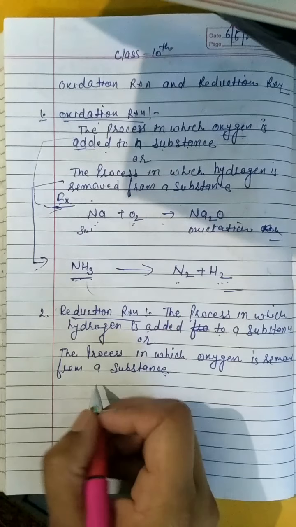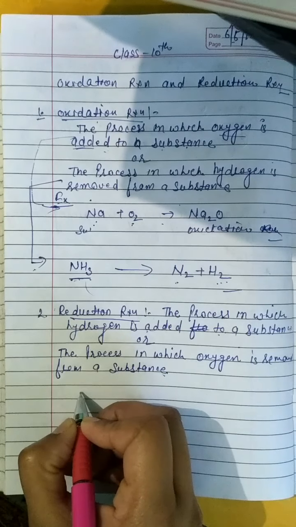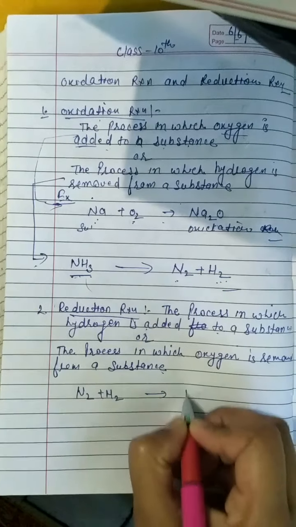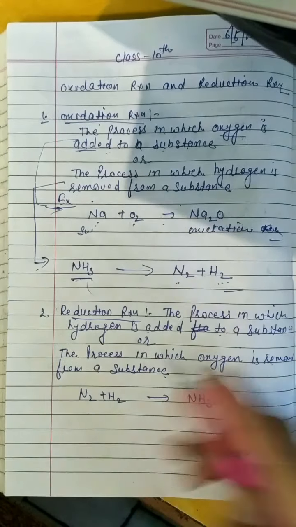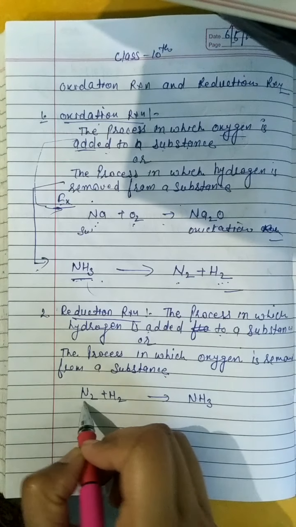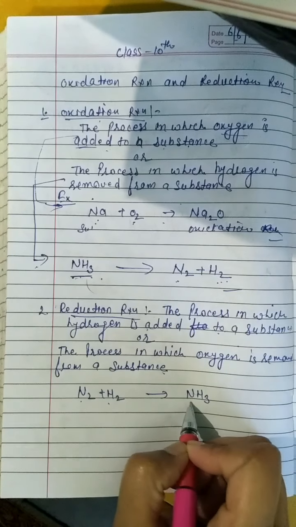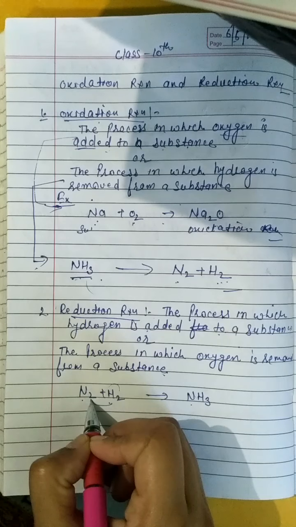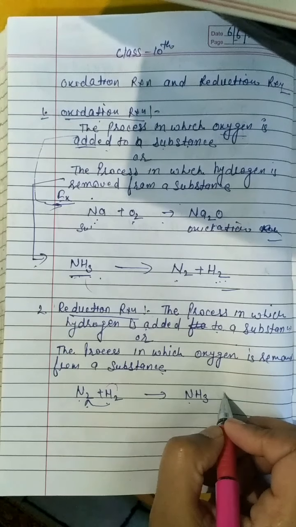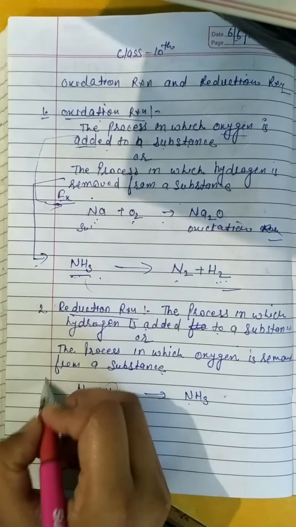Now I am taking an example: N2 plus H2 gives NH3, the opposite of the earlier one. Nitrogen and hydrogen make ammonia. Here hydrogen is added to a substance, so that's why it is an example of a reduction reaction.